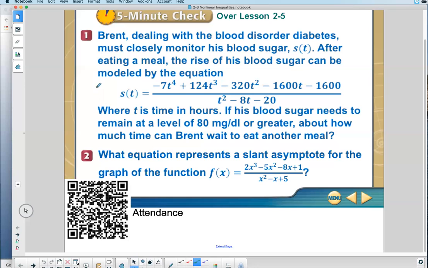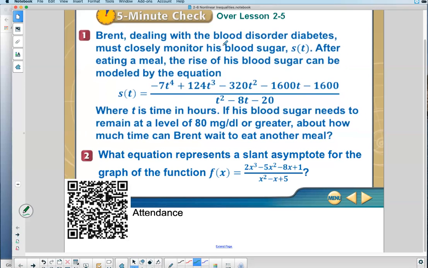It came somewhere in this problem. Blood sugar. So I'm going to box this up so we can keep track. Blood sugar is S of t. S basically stands for sugar. It makes it easy to think of it that way. S is for sugar. There's also this variable t. What does t represent? Time.